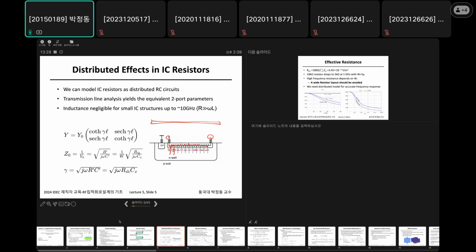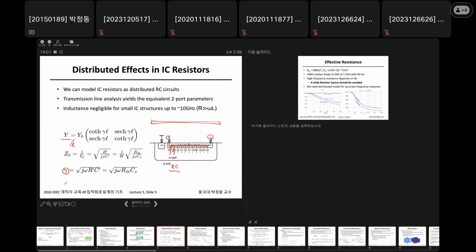So this looks like a diffusion equation. If you express this diffusion caused by distributed RC, the Y parameter per length is given by this.